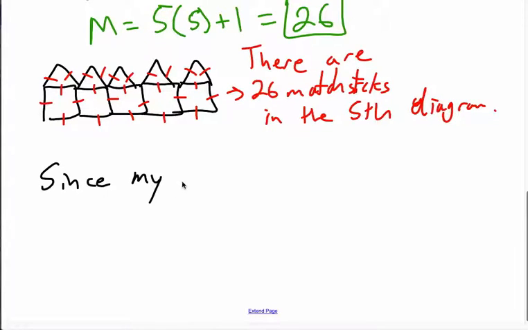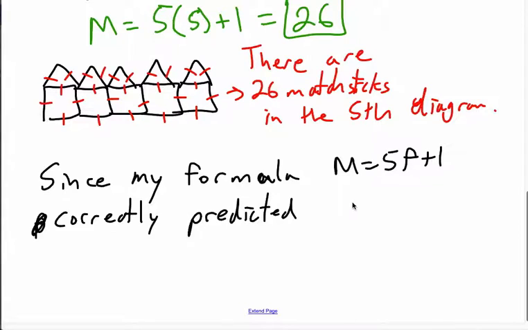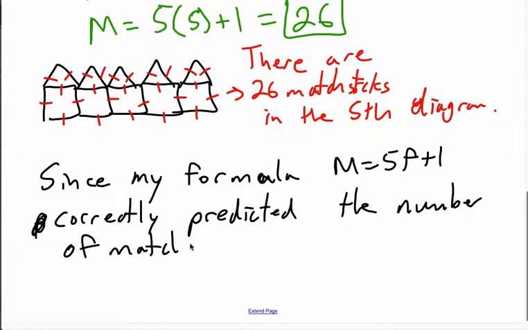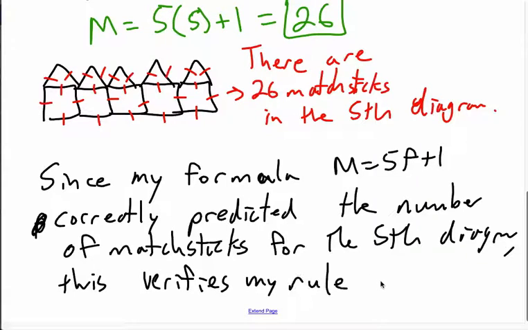Since my formula, maybe I'll restate it, m equals 5f plus 1, correctly predicted the number of matchsticks for the 5th diagram, this verifies my rule is correct.